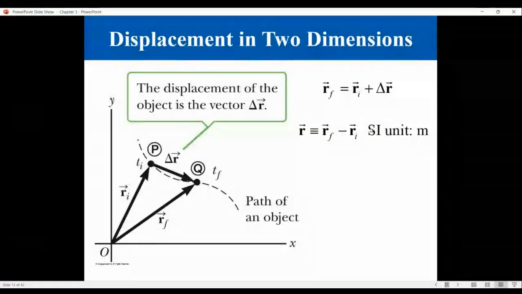But in this case, we have to find the difference in the vectors. And remember, vectors have magnitude and direction. Is that clear to everyone? Did everyone get that?